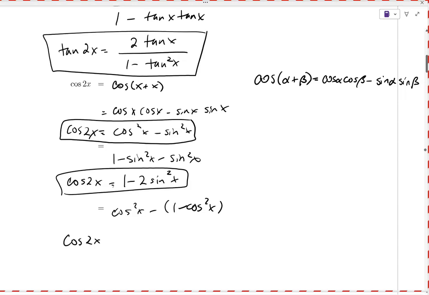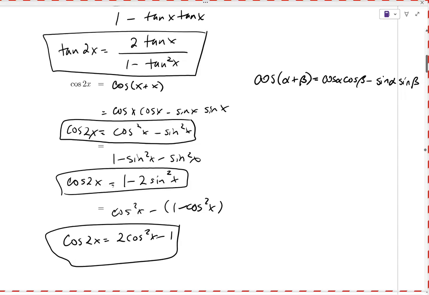And then if we simplify this one, we get the third form of your cosine of 2x. That was why I have the 3 equal signs there, because there are 3 different forms. So sine and tangent just have the one form, but cosine of 2x has 3, and depending on the context, we'll use each of them. Okay?